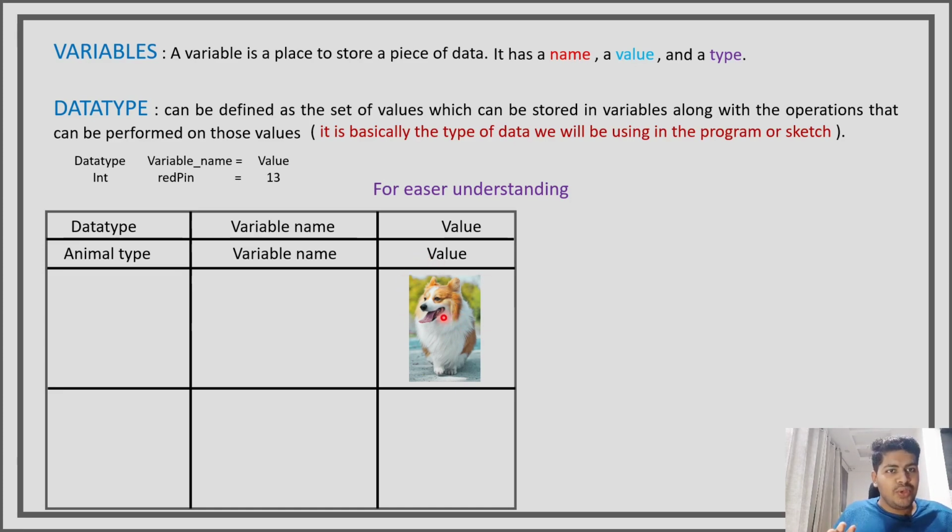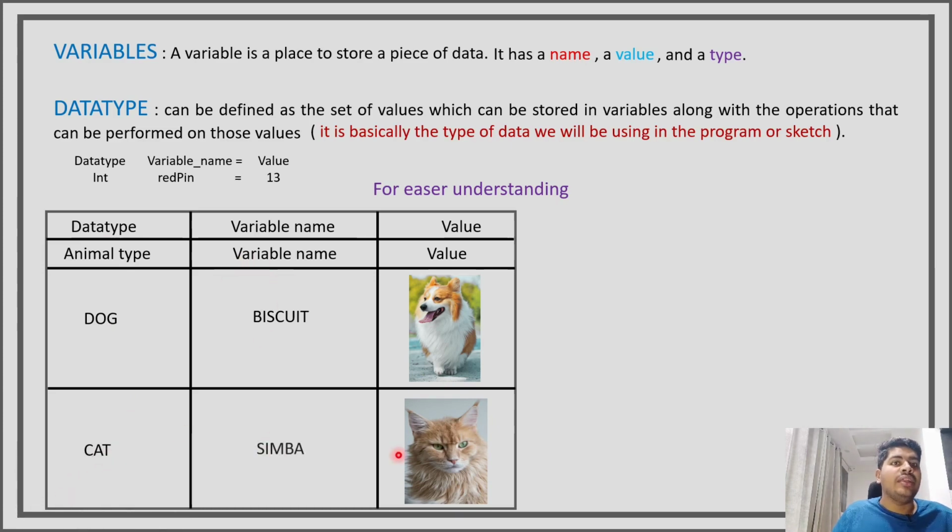This would be the value, the type of animal it is, a dog, and the variable name is biscuit. For the second variable, the value would be this, the animal type would be a cat, and the name of this specific animal would be Simba. This is just for our understanding of what I have shown here.